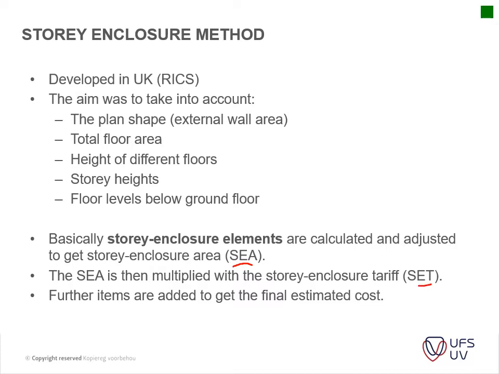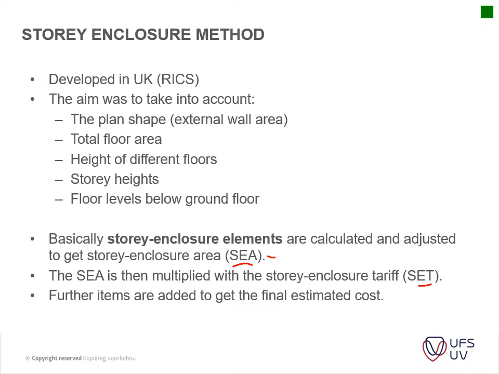We're going to look at this in more detail just now, but in short, we're measuring the total areas and multiplying them with the story enclosure tariff, which is your historical rate.